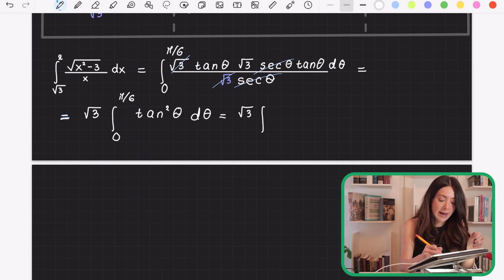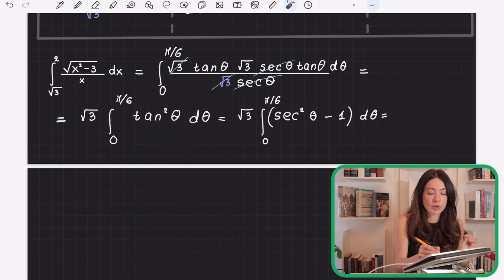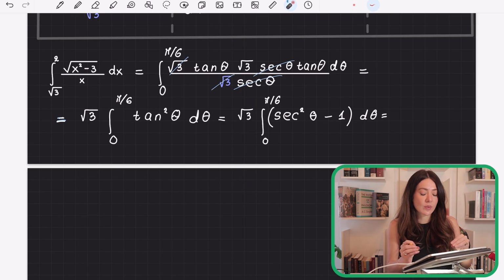Okay, so now, since I don't know what is integral of tangent square theta, I'm going to rewrite that. And tangent square theta equals to this expression. This is a similar trig identity to cosine square x plus sine square x equal 1.